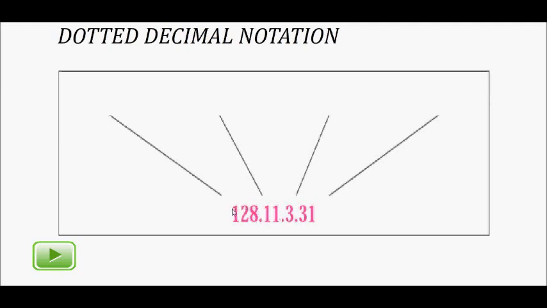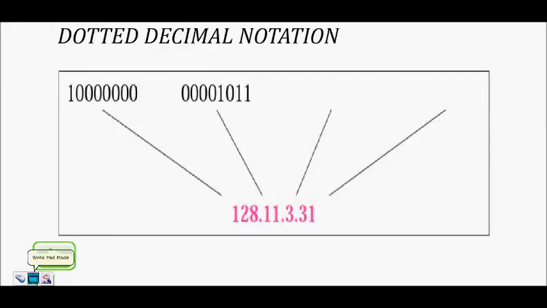You have 32 bits, or basically 4 bytes: the first byte, the second byte, third byte, and fourth byte, and we separate them using dots. In actual, the 32-bit number has first byte 10000000, which is nothing but 128. Then we have 11.